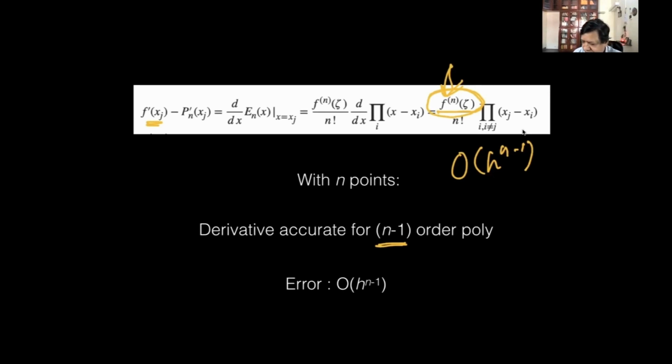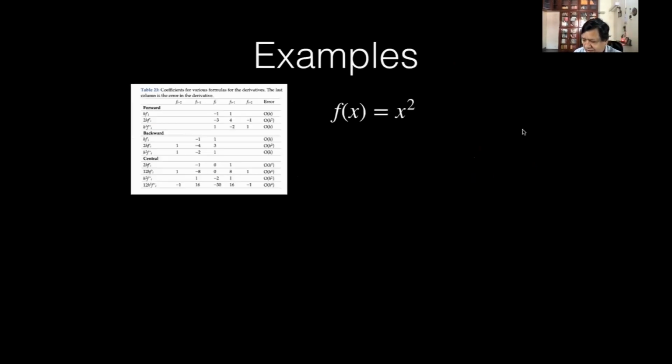So let's do an example. I have the table here. You can probably see the error is listed on the right-hand side. With 2 points, it is pretty tiny on my tablet, but it is order h, right? Because h to the n minus 1. With 3 points it is order h squared. The double derivative will be one order less with 3 points, right? One more derivative.